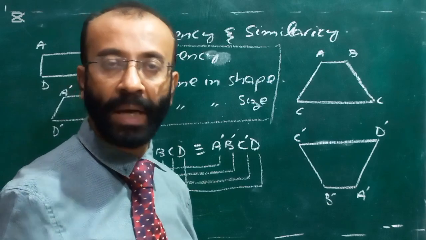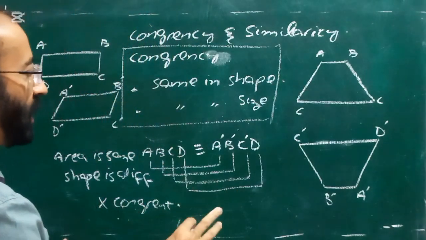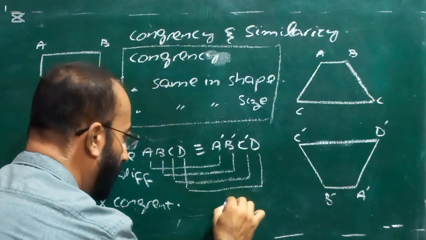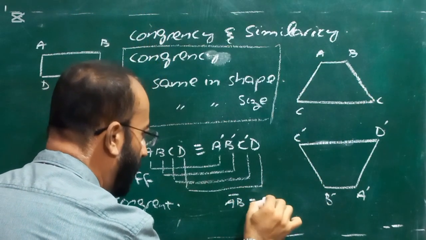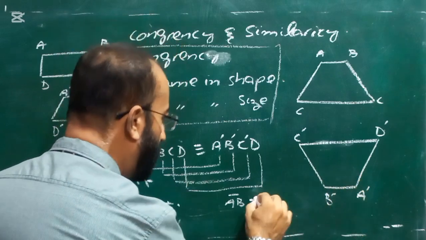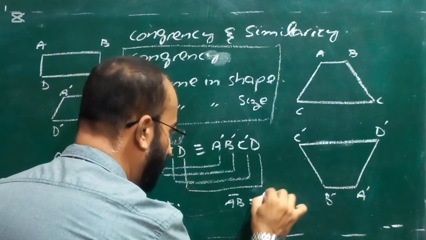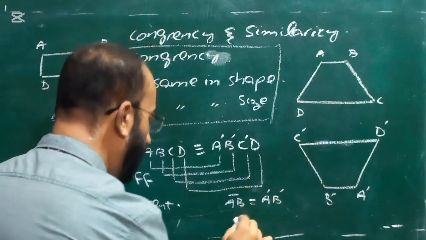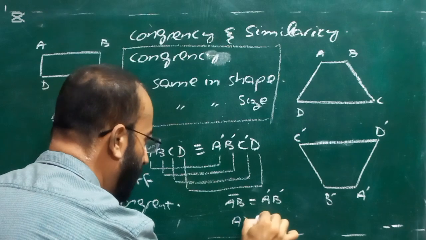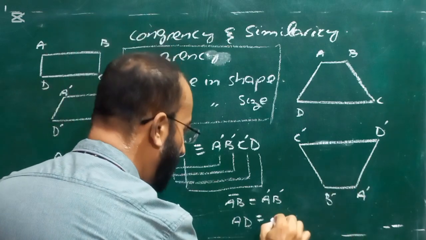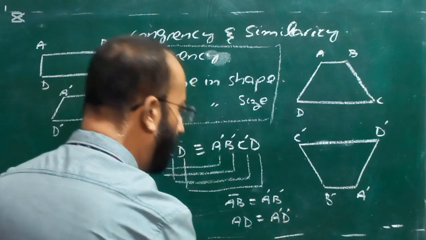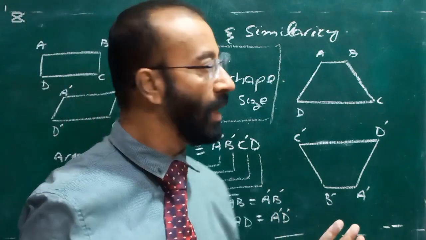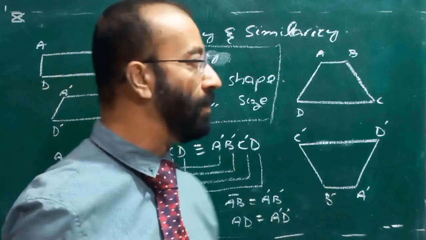And if the figures are congruent, then corresponding sides will be equal. In this figure, the side is AB. This side will be equal to corresponding side A dash B dash. For example, AD side will be equal to A dash D dash side. So if the figures are congruent, corresponding sides will be equal and corresponding angles will also be equal.